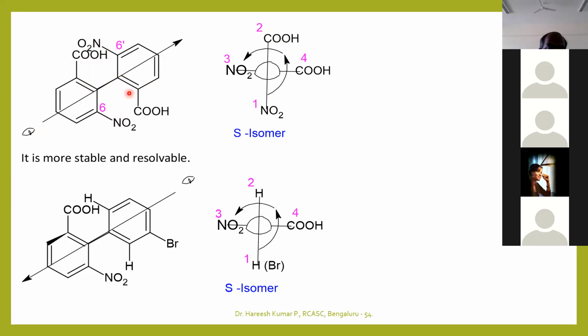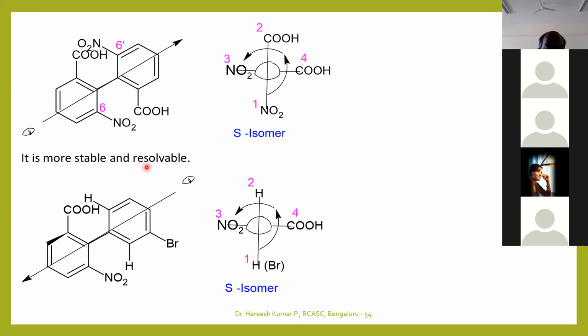So these groups are the horizontal ones. When you are viewing from here, NO2 is on the left hand side, and COOH is on the right hand side. So 1, 2, 3. So the movement is like this. This movement is called anti-clockwise direction, and this is called S isomer.